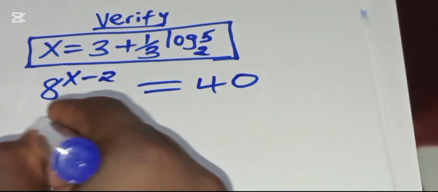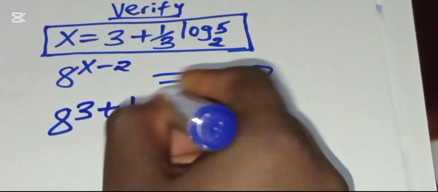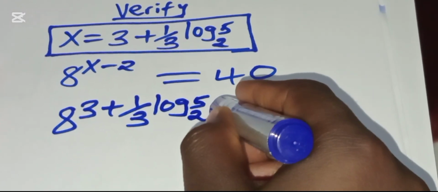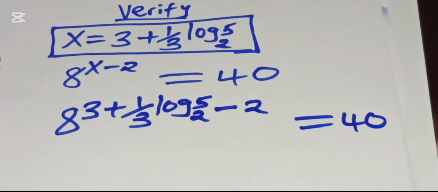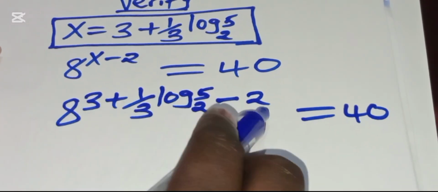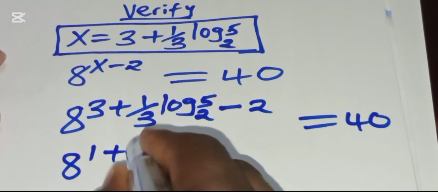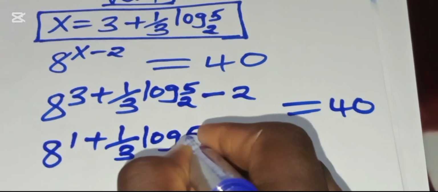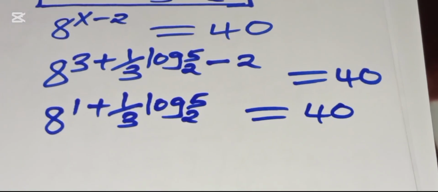We have 8 raised to power 3 plus a third log 5 to base 2 minus 2. This is 3 minus 2, so we have 8 raised to power 1 plus a third log 5 to base 2, which is supposed to equal 40.